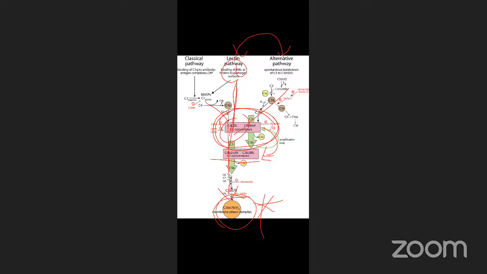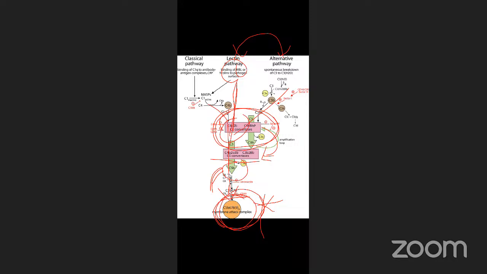Whenever C5b is free in the circulatory system, it attracts 6, 7, 8. Binding sites for 6, 7 and 8 are on the C5b, and the combination of C5b, 6, 7, 8 may attract the ninth complement protein, leading to the membrane attack complex.